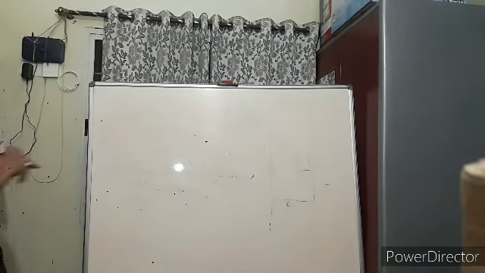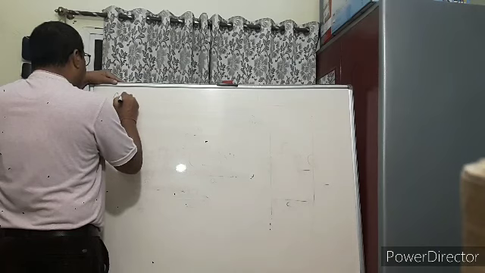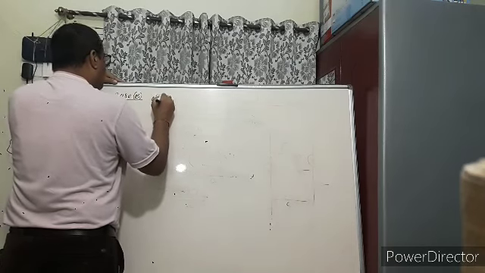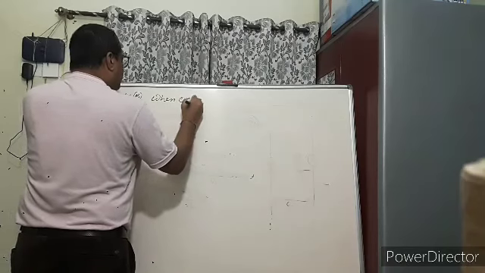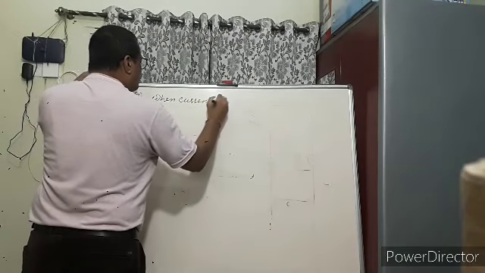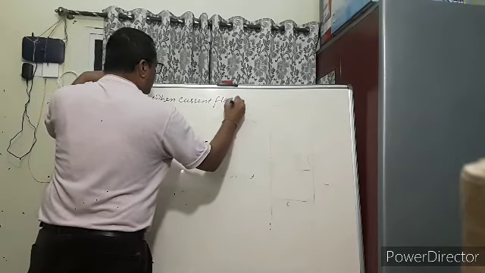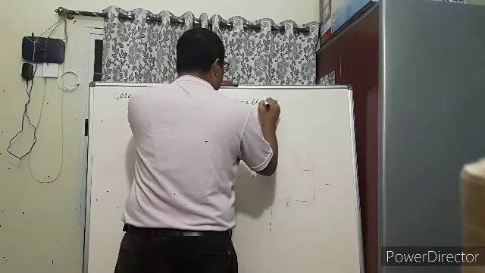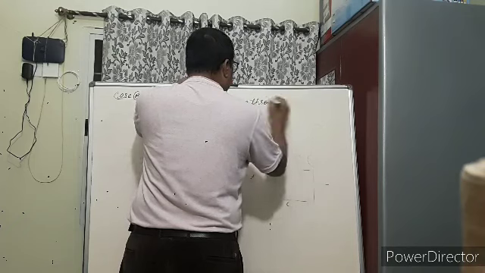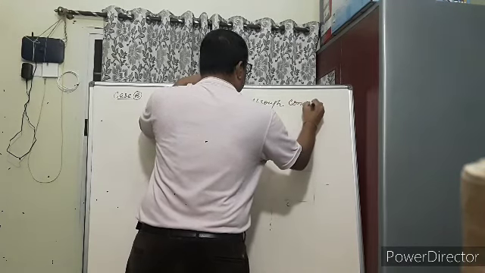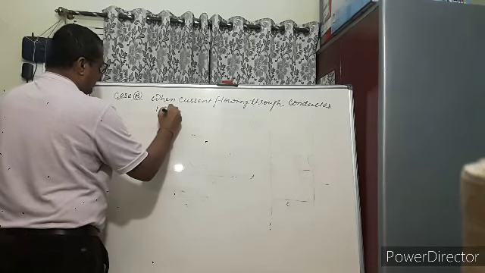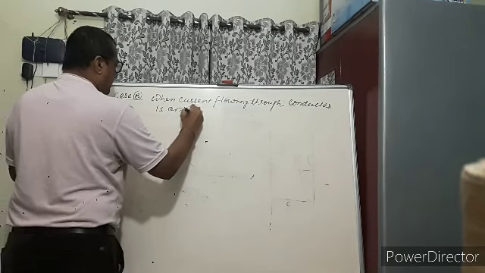Case B, when the current flowing through the conductor is anti-parallel.